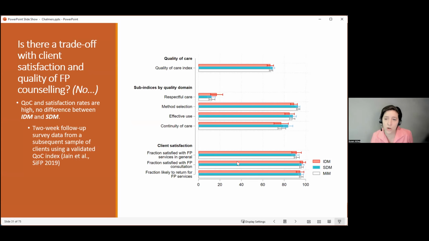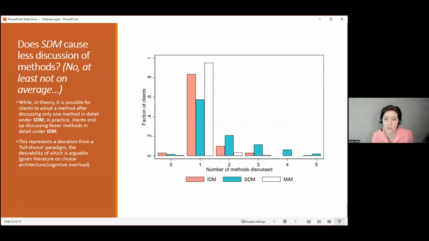We survey people afterwards to see whether they dislike either of the approaches and whether they feel pushed. We find that there aren't really substantial differences in terms of respectful care or method selection across the two methods, so we don't think that the women feel like they're being pushed into things.